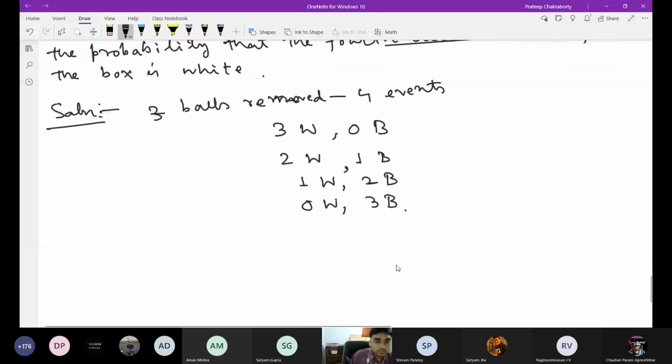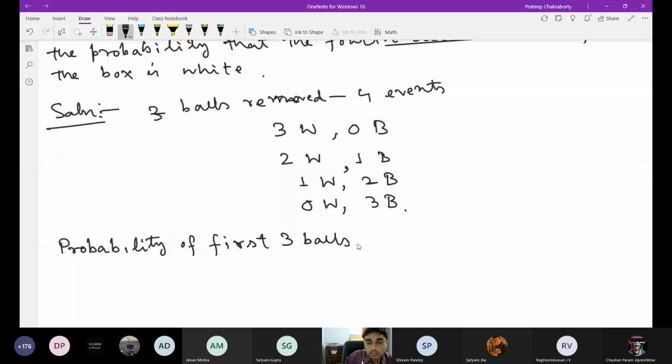So what is the probability that the first three balls are white and the fourth ball is also white? Tell me the probability of this. One by 7?